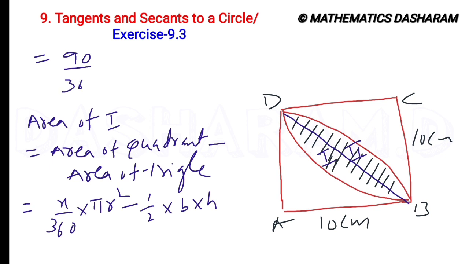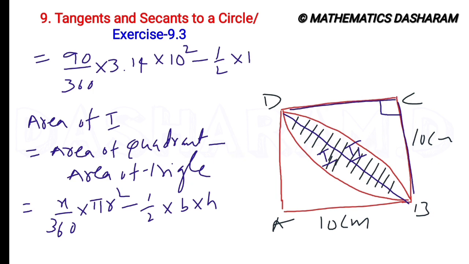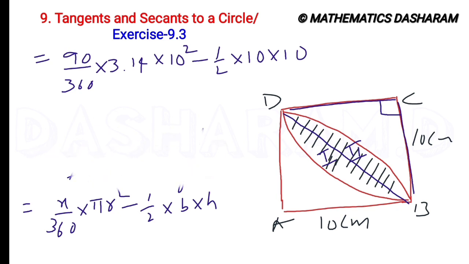So 90 by 360 into pi value 3.14 into r square. Radius of a quadrant is how much? 10. So 10 square minus 1 by 2 into base. Angle C is 90 degrees, so this is a base and this is a height. So 10 into 10.